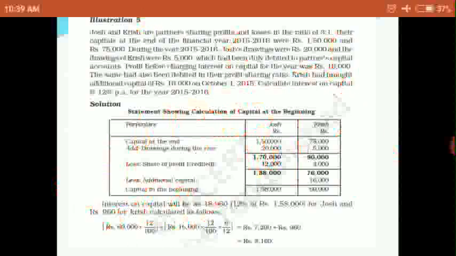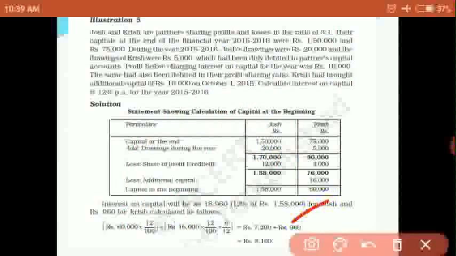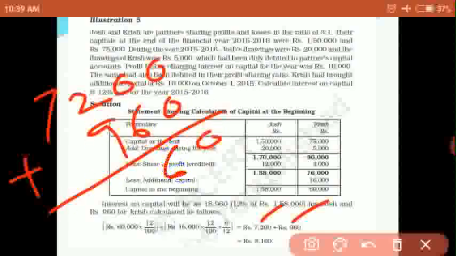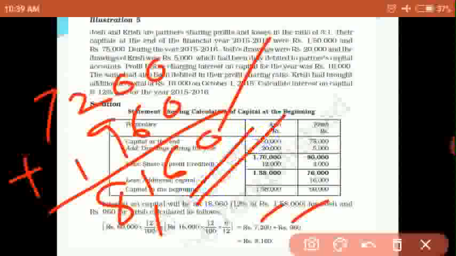So these 960 rupees is the interest on the additional capital of Krish. Now you have to add this 7,200 on opening capital and 960 on additional capital. 8,160 is the interest on capital of Krish.